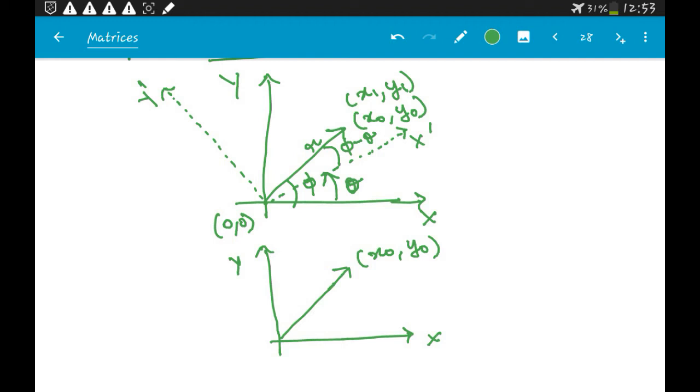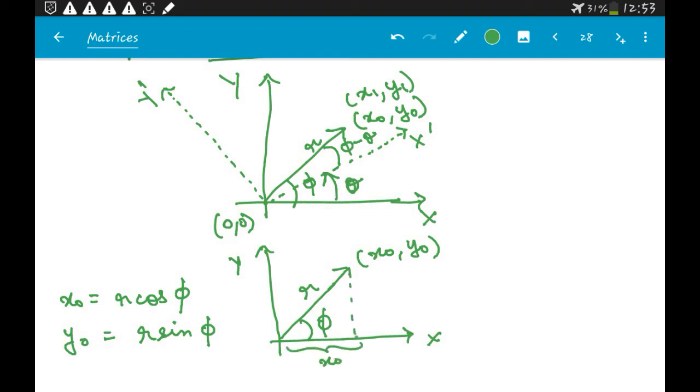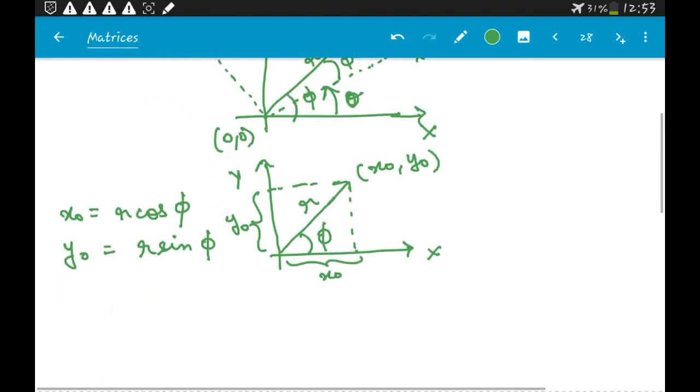In the original one this was x0, y0 and this was phi. So x0 is r cos phi, y0 is r sin phi. This is the original case.